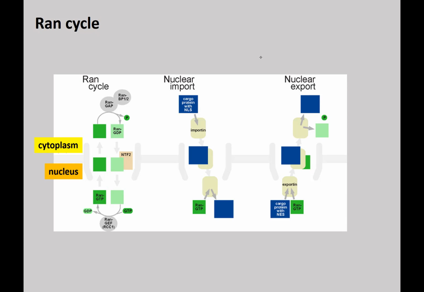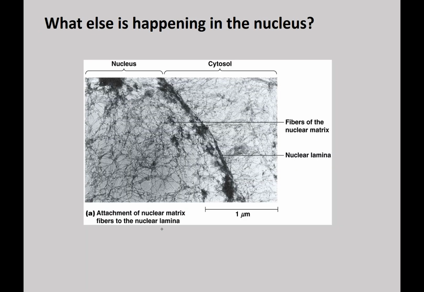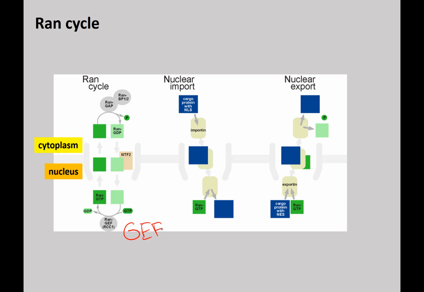And so a couple things to remember about the RAN cycle, right, is that you have a couple important proteins. GEF stands for guanine nucleotide exchange factor. Okay? And so it is making RAN-GTP in the nucleus.